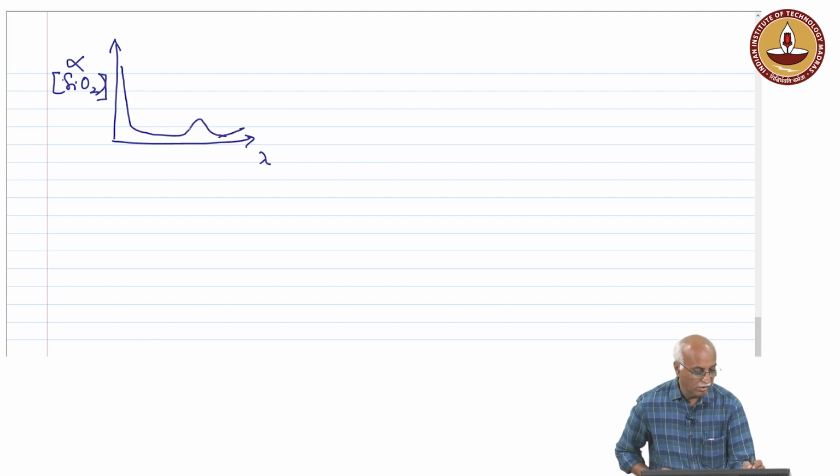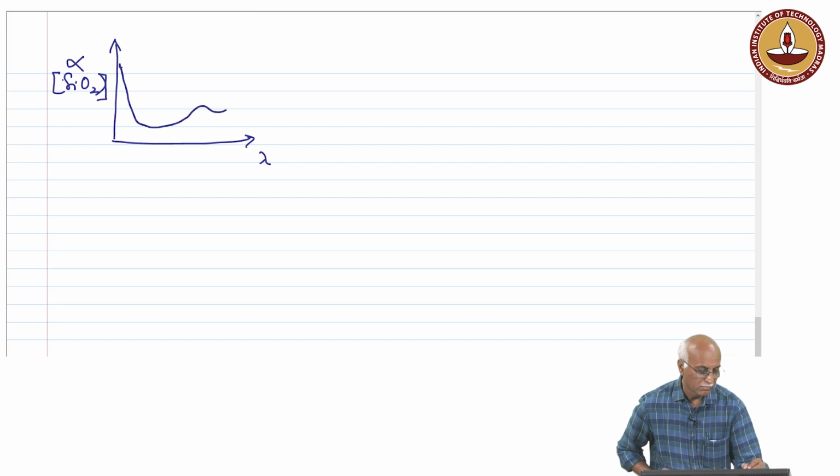So, this is where the alpha value again becomes prominent. Sorry, maybe once again I will draw it exactly like this, okay.